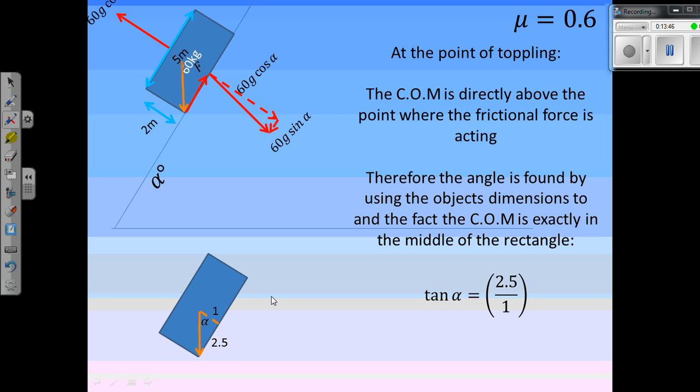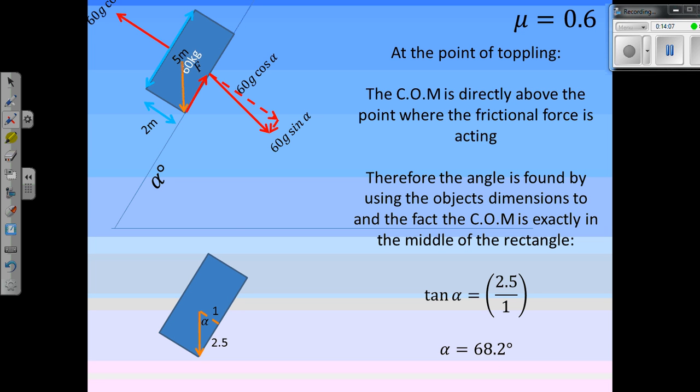So we know that tan alpha is the opposite, 2.5, divided by the adjacent, 1, so tan alpha is 2.5 divided by 1, and it's a very simple thing to find by the arctan. Alpha is going to be 68.2 degrees.